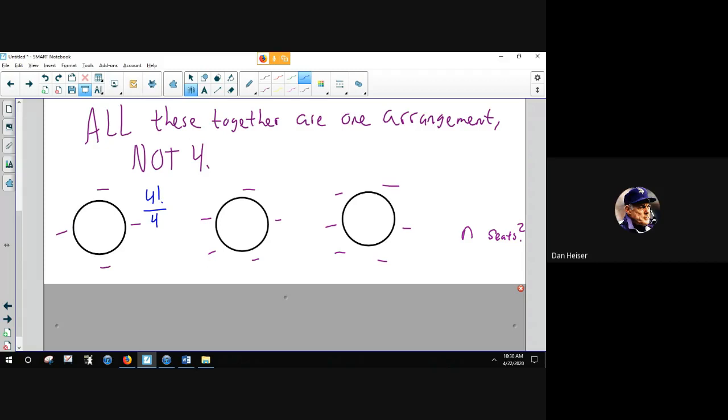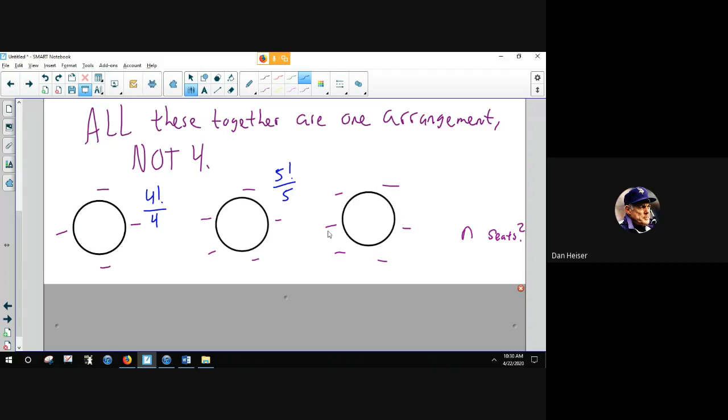Let's say we have 5 seats. In this example, if all we do is slide everybody over 1 seat every time, we're going to have 5 different ways of making the same seating chart. 5 factorial divided by 5.